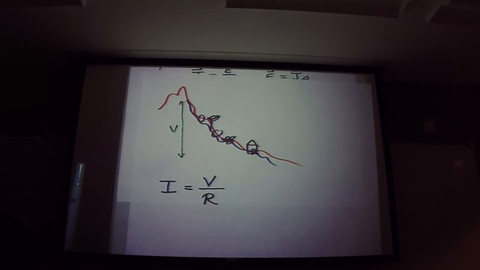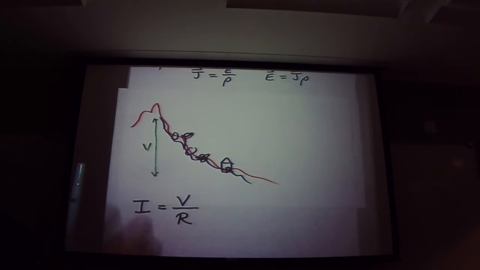Now there's another thing about current that we have to remember. Current must flow in a complete loop. You cannot just have current going from one place to another and ending. That does not happen. Current has to flow in some kind of continuous loop.